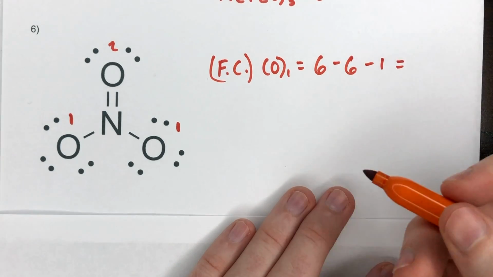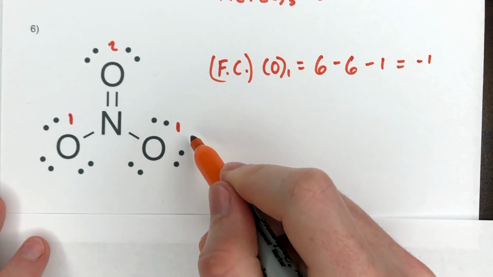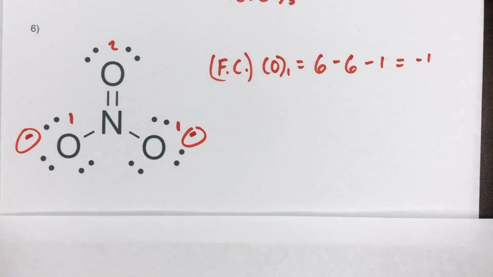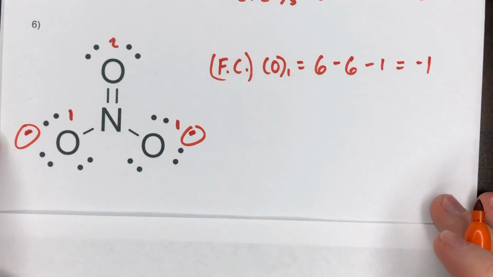So 6 minus 6 minus 1, that's 6 minus 7, it's -1. So both oxygens labeled oxygen 1 have negative charges in their symmetry, so they're identical. You can convince yourself of that by doing the formal charge on both, but you'll see that they're both -1 for the reasons that I just mentioned.